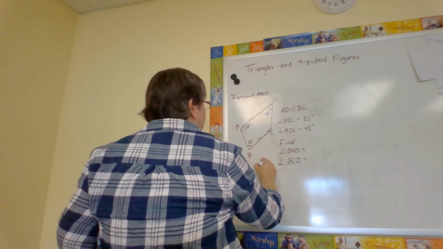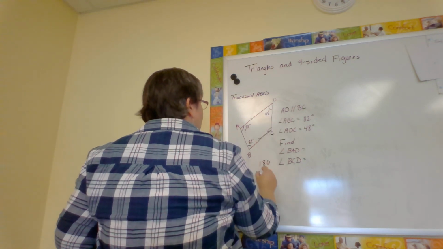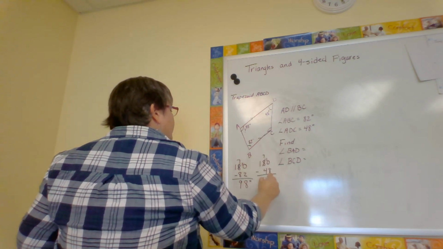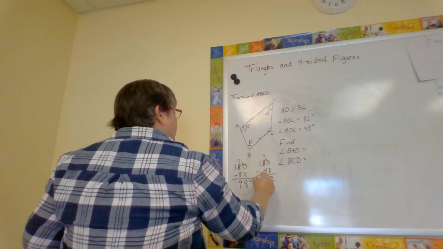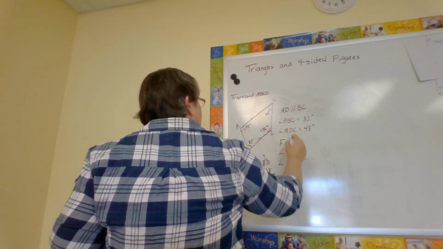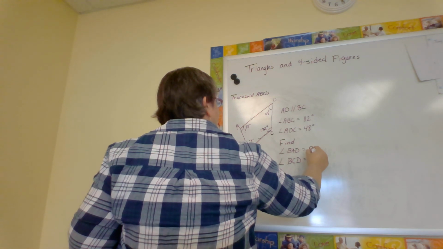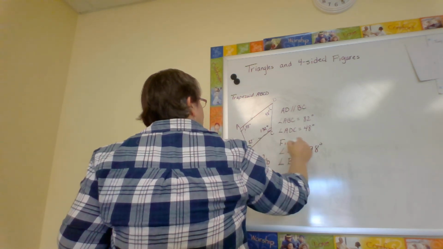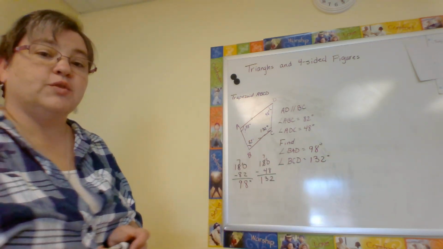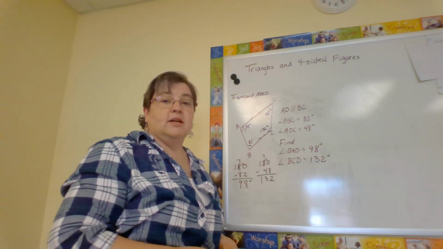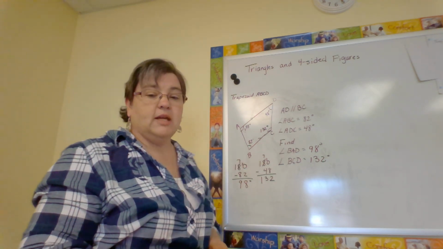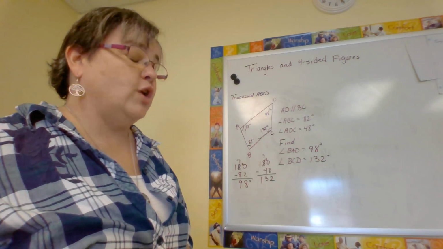And then 180 minus 48 gives me 132. So BAD, that angle's 98, and BCD is 132. Don't forget your little degree sign when you're writing in degrees. Okay, we're going to do one more, and then you guys will be ready to go on your own.